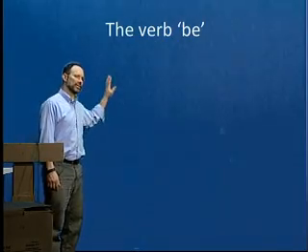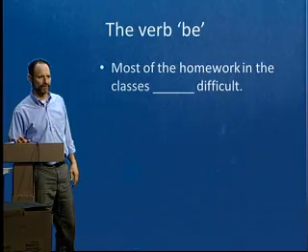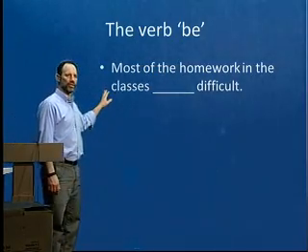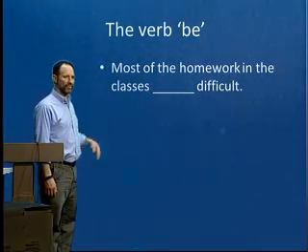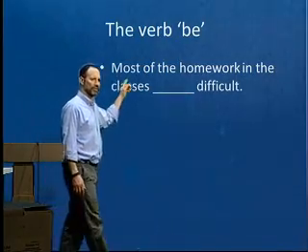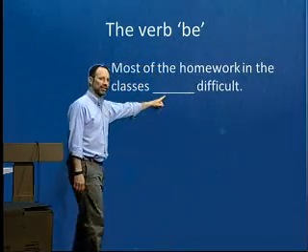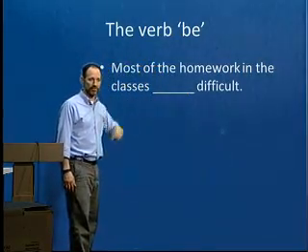Let's look at some sentences with the verb be in expressions of quantity. Most of the homework in the classes. What's the main noun? We're talking about homework. So homework is difficult.